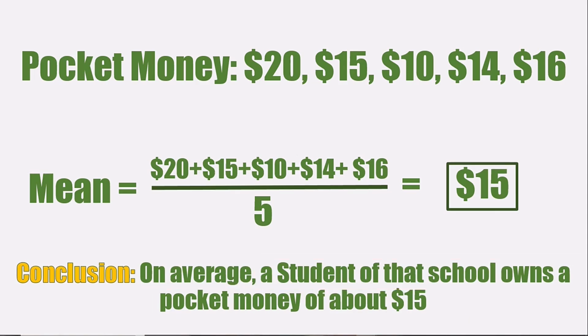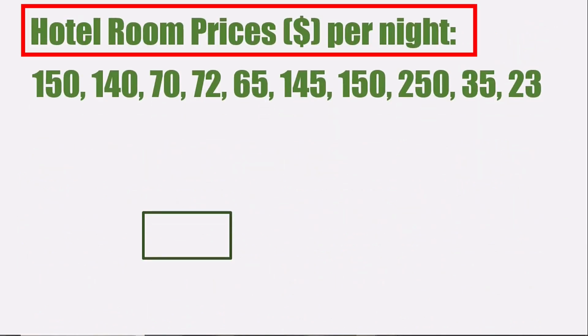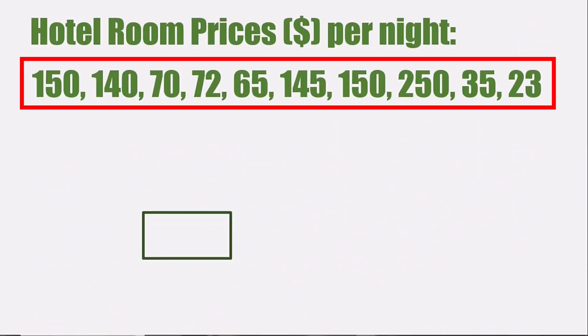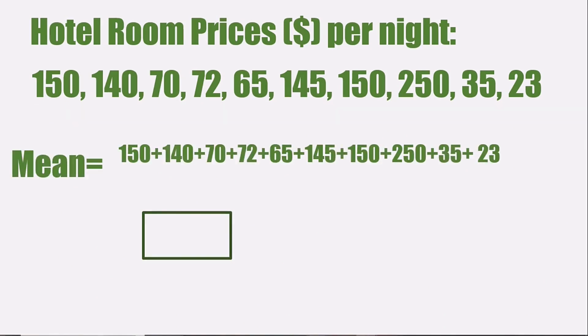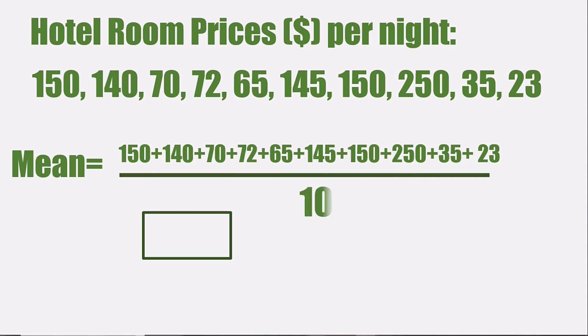Let's get to one more example. We have this hotel price per night example. Those are the prices for hotels, let's say in Lagos. To calculate the mean, you first sum up all the values, then divide by the count. We have 10 different prices there, and you get a mean of 110.